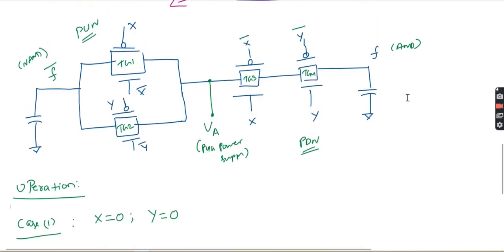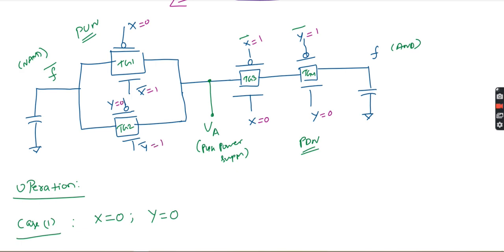When X is equal to 0 and Y is equal to 0, X bar will become 1, and Y equal to 0 means Y bar will be 1.